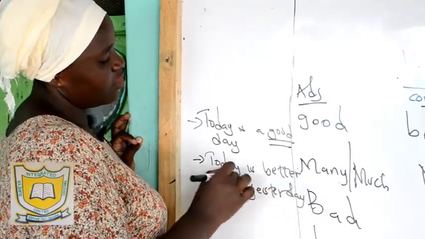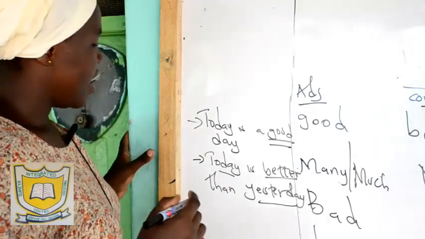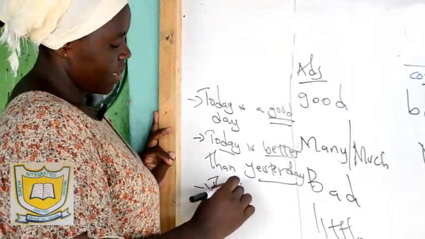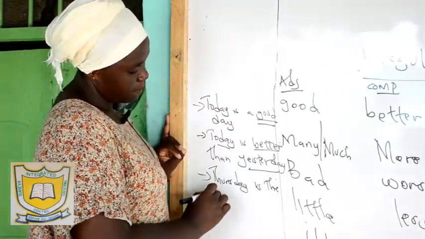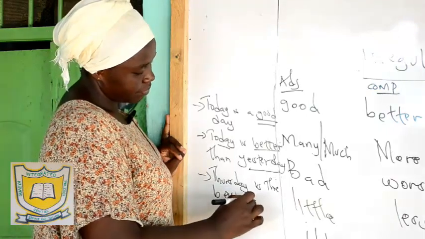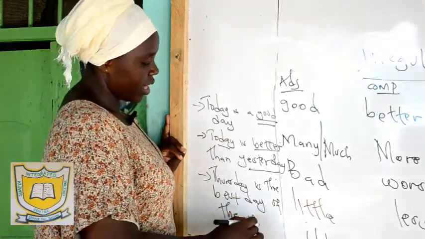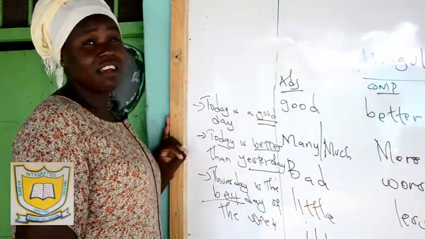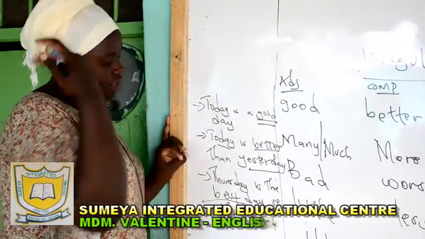I'm comparing today and yesterday, two days. And then I can say Thursday, for example, Thursday is the best day of the week. Now, I'm having best day of the week. A week has how many days? A week has 7 days. So you're having best.